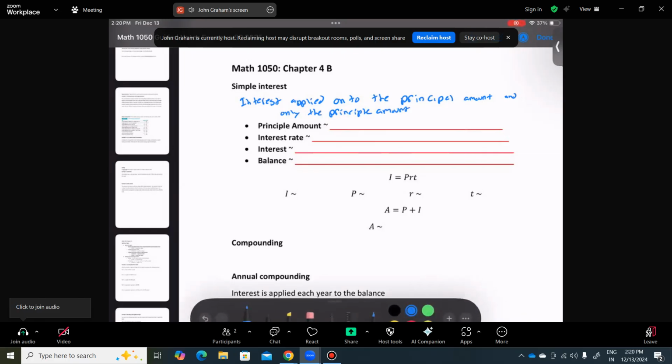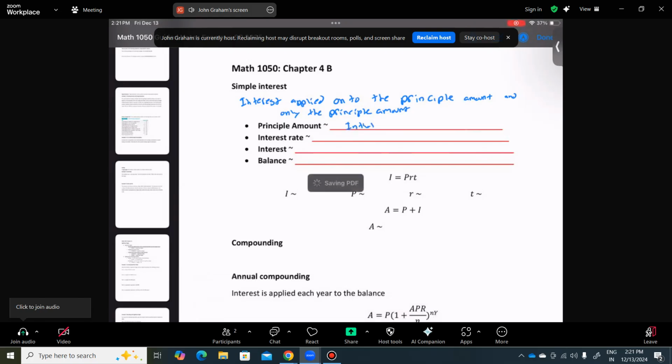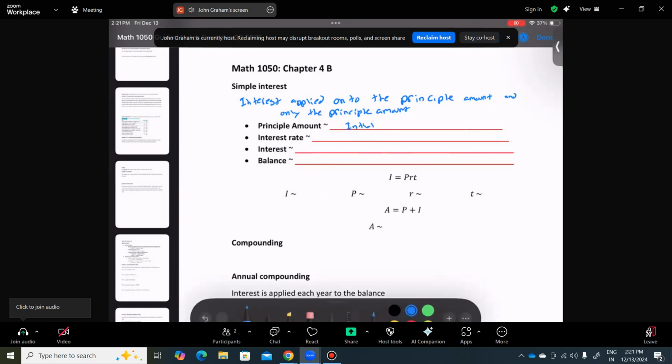Let me write this correctly. Okay, so the principal amount is the initial payment, the initial investment, just the initial amount you're basing the money on. We'll call it P.